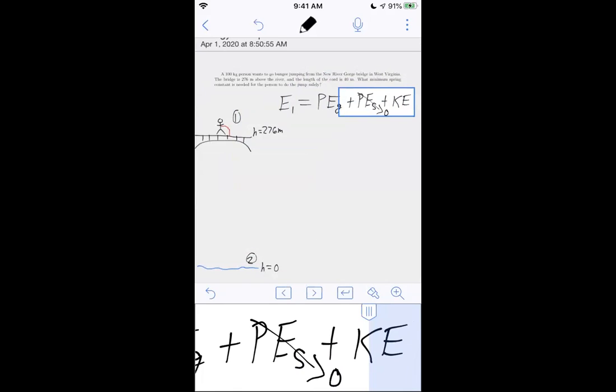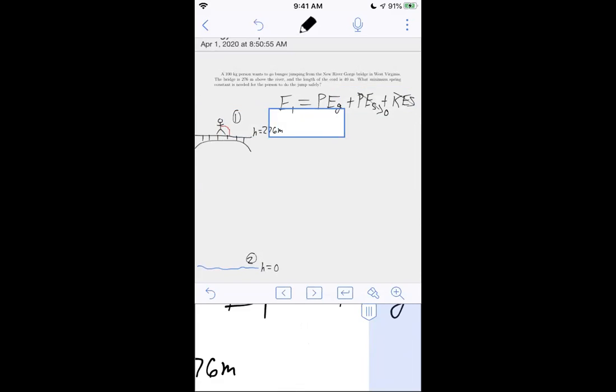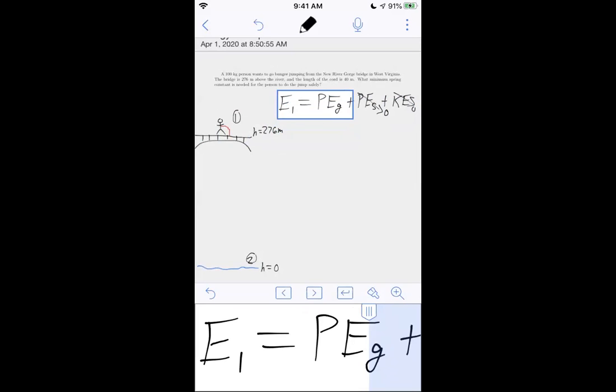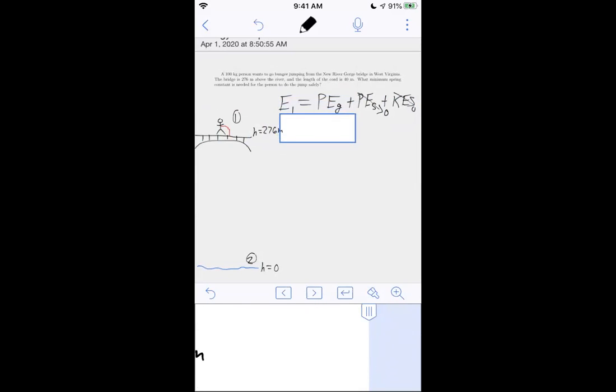And then for the kinetic energy, well, you're basically going to just step off, right? So you basically have a velocity of zero when you first start, and so that is also going to be zero. So when we start, we just have the potential energy due to gravity.